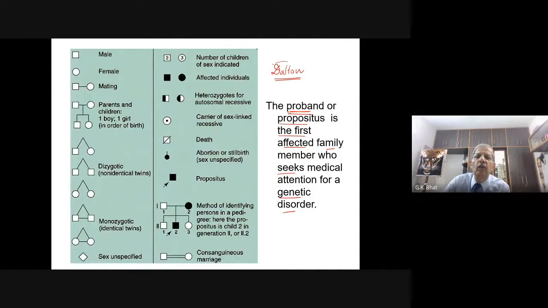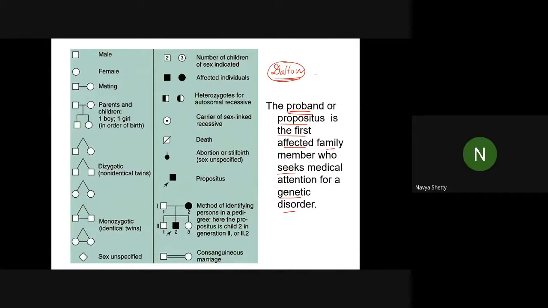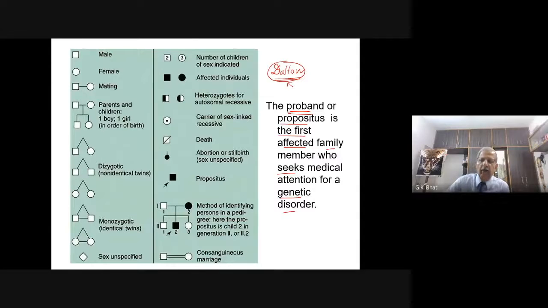You know, he had one disorder. You are Dalton. Who is a Dalton? Navya? Yes, sir. Have you heard about Dalton? Yes, sir, I think, I'm not sure. Color blindness. Yeah, very good. Star of the day, Navya.